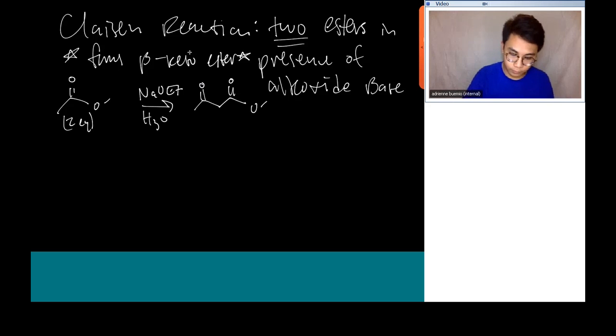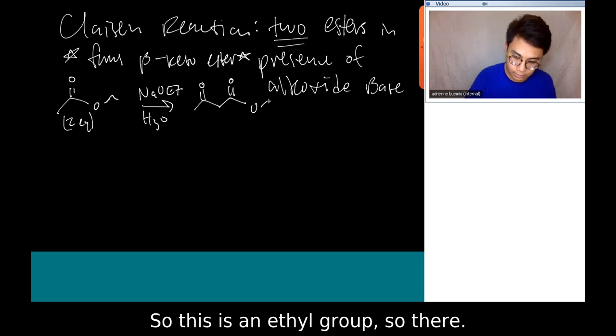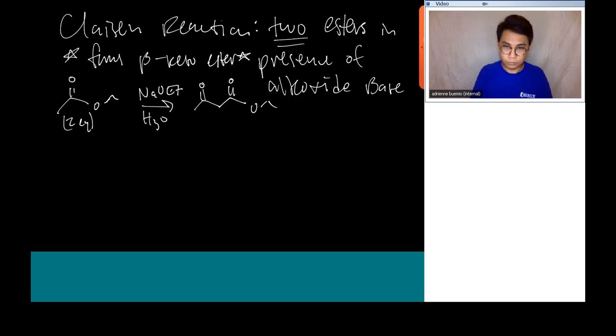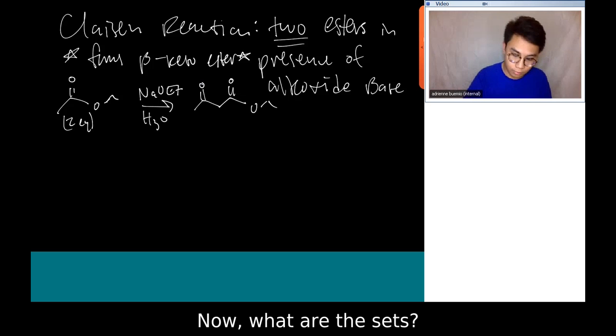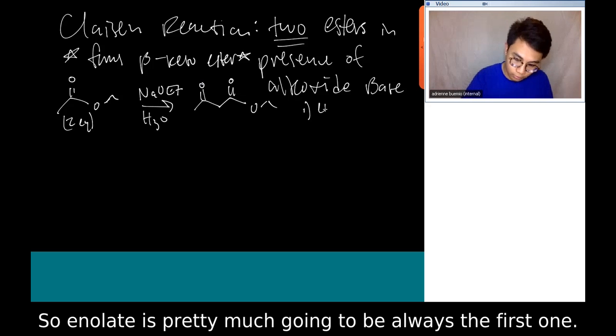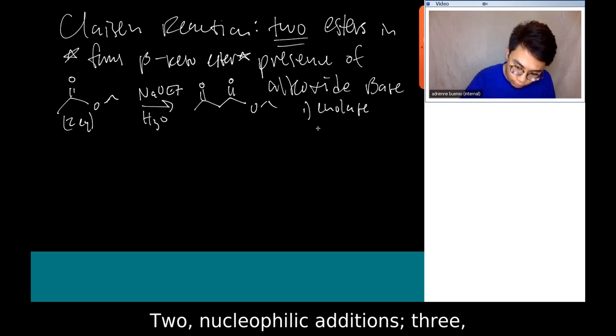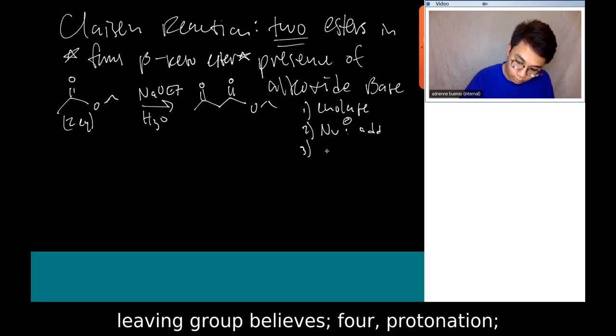Okay. Oh, this is an ethyl group, so there. Okay, now what are the steps? We have enolate. So enolate is pretty much going to be always the first one. Second, nucleophilic addition. Third, leaving group leaves.